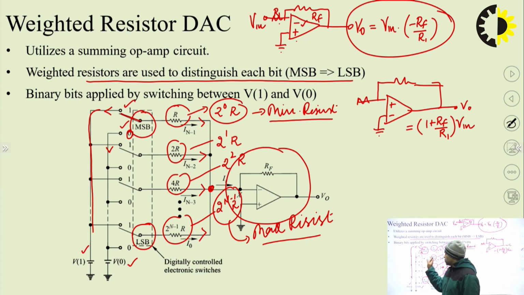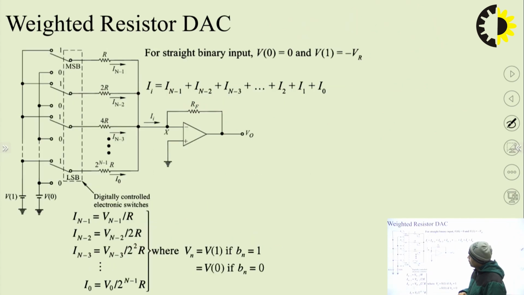So this is the structure of the weighted resistor D2A converter. Again, here is a freshly drawn circuit, the same circuit which was designed in the previous slide. The MSB corresponds to the minimum resistance and the LSB to the maximum resistance.